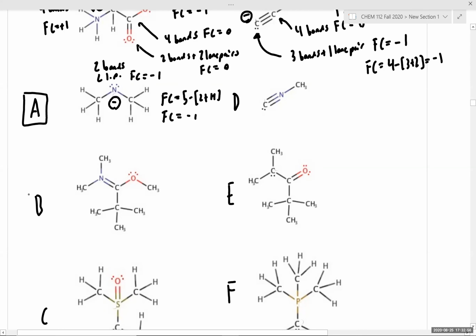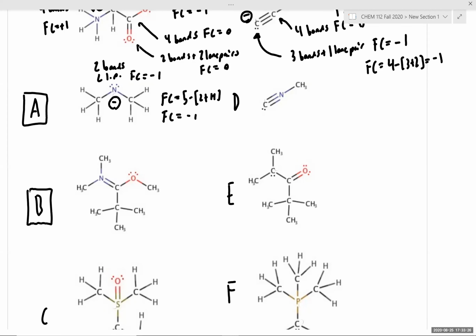Wonderful. For structure B, would someone like to indicate which atoms have a non-zero formal charge and what that formal charge is? Don't be shy to share it in the chat or verbally. Are there any atoms that have a non-zero formal charge?